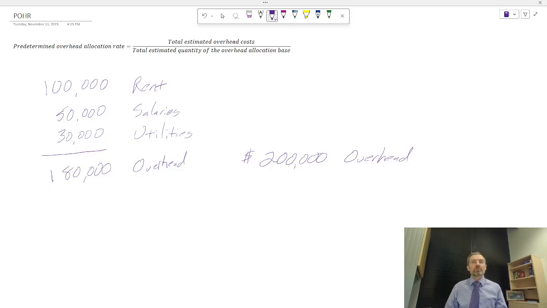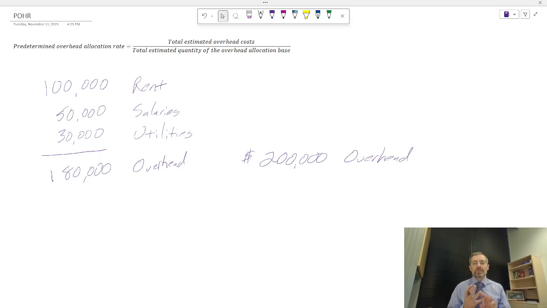And then we have to say, all right, how much we need to be able to divide this up between all of the jobs this year. And we are going to divide this by an allocation base. And we have to figure out how are we going to divide this up between the jobs. We have this $200,000, and we need to divide it up to the jobs based on what?